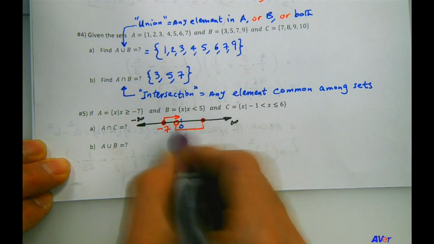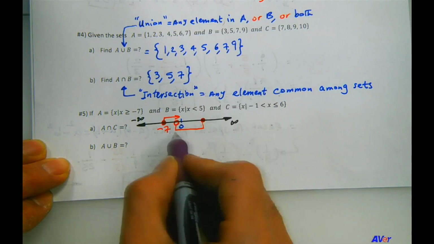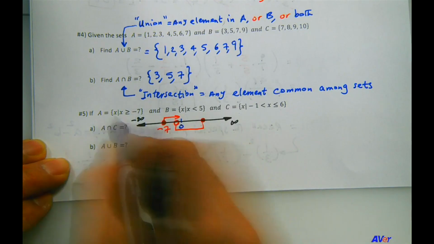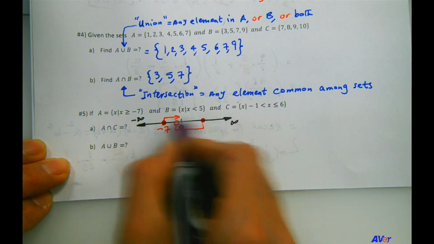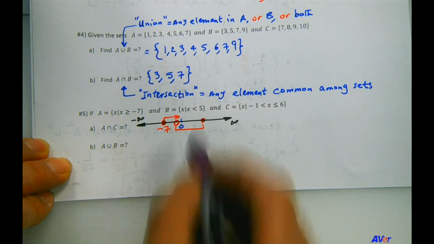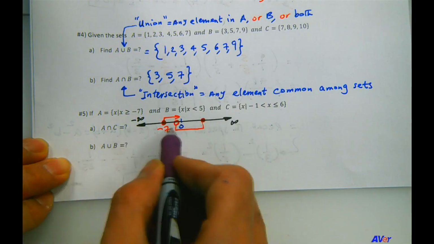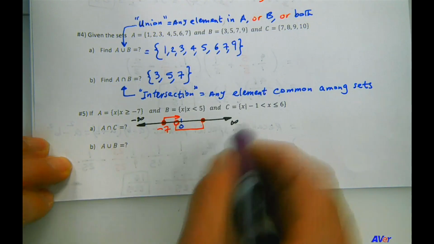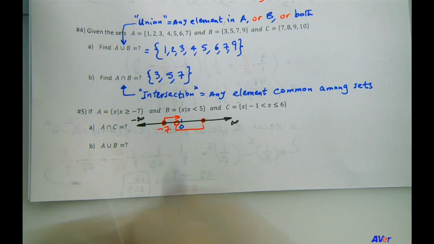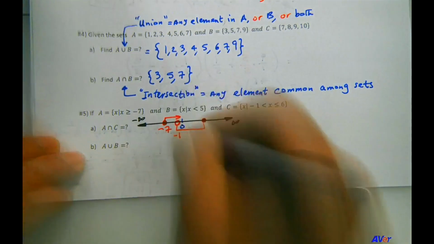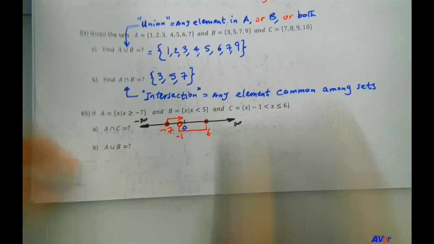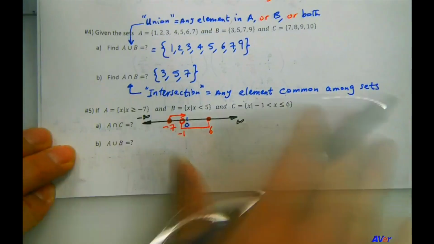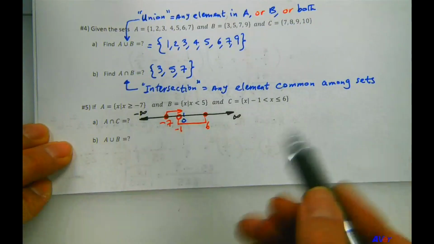So C translates into this, and A translates into this, and continues on that side. So where are they intersecting? At which point are they both the same? Well, let me put -1 here and +6 here.